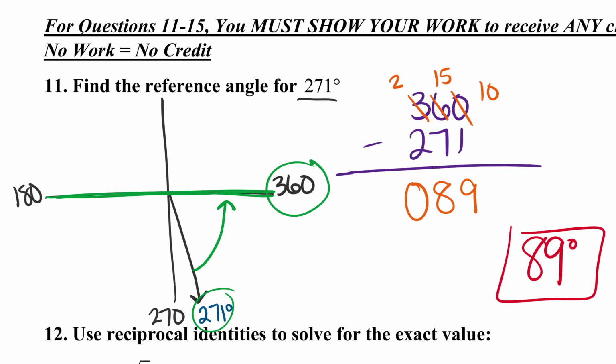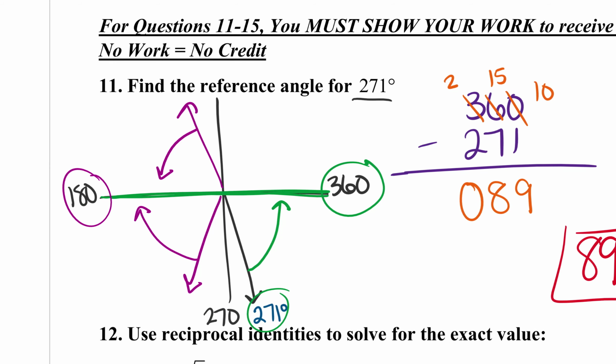Okay, so let's say, just real quick, if I was over here and I'm going this direction, or if I'm up here and I'm going down here, I'm going to subtract from 180, it just depends on where I am. And remember, your reference angle should always be positive, either way. So if I'm in quadrant 2 and 3, I'm going to 180. If I'm in quadrant 4, I'm going to 360.